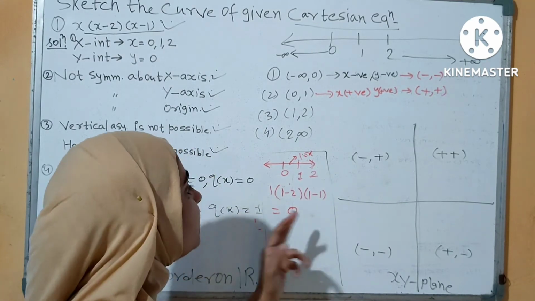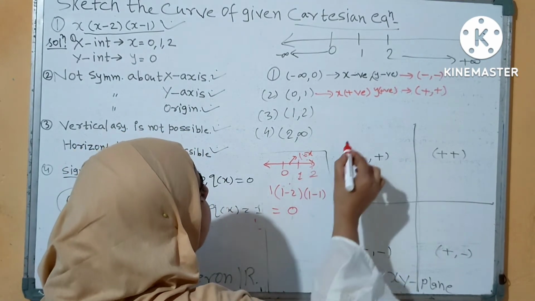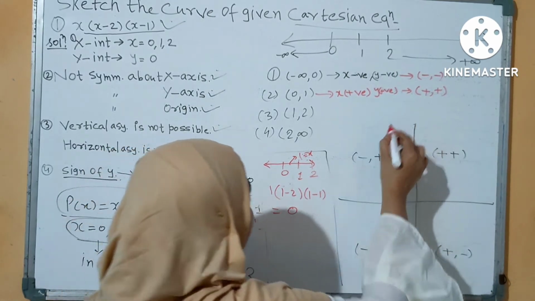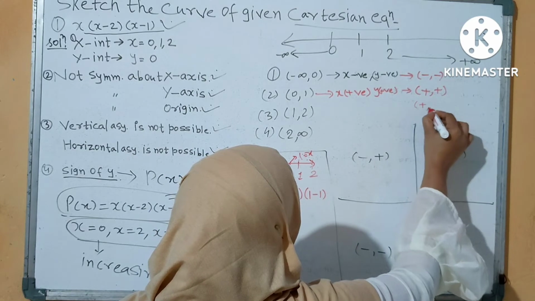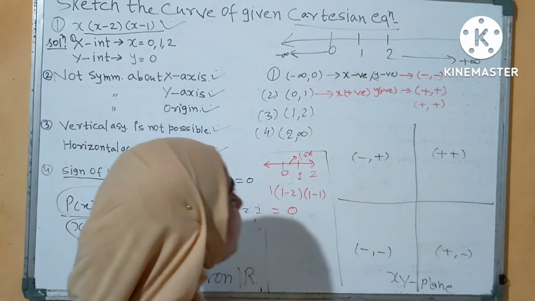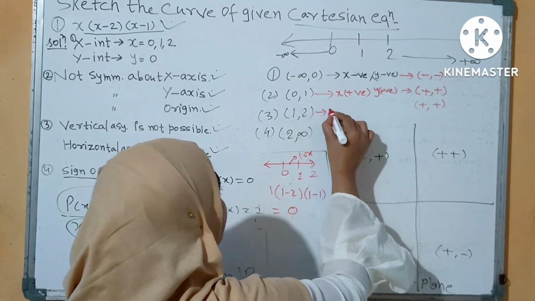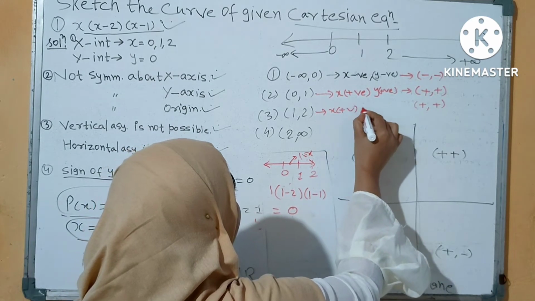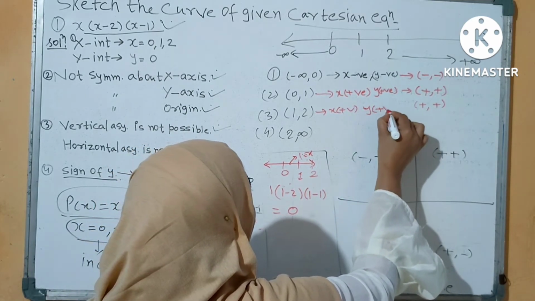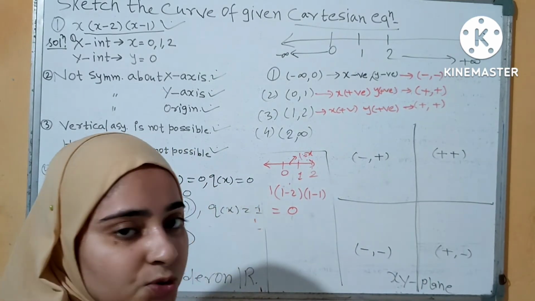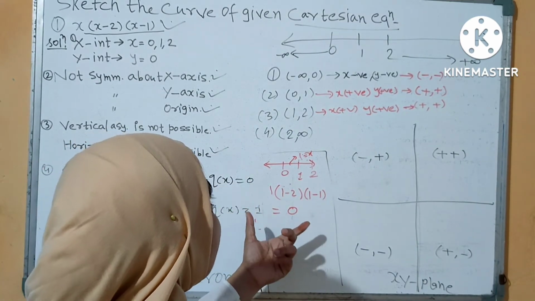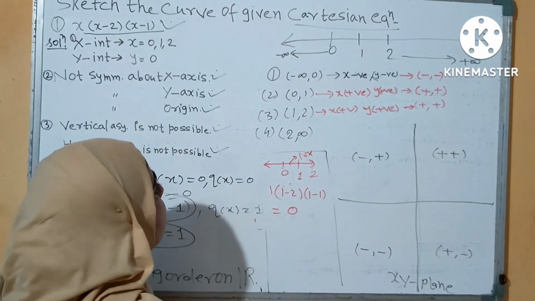That means here this will come in which quadrant? It will be positive and positive. So here your x is positive and your y is again positive. Now your graph will pass through 0 in this interval.